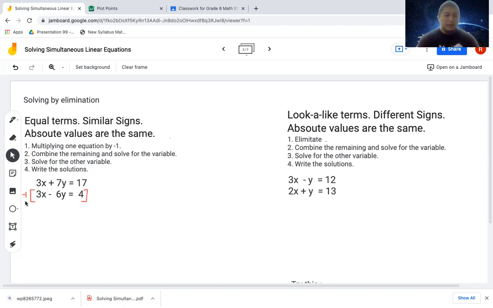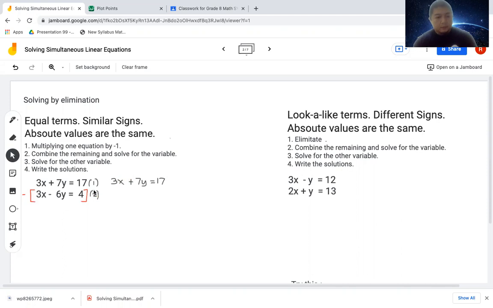As soon as you multiply it by a negative, automatically the signs of the terms will be different. So this one will give you the same value: 3x plus 7y is equivalent to 17. This is going to be your equation 1, and this is going to be your equation number 2.